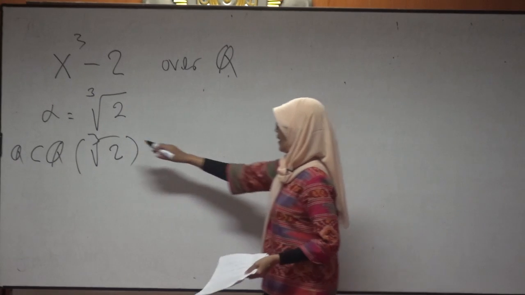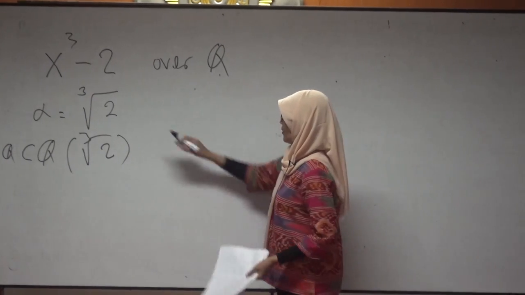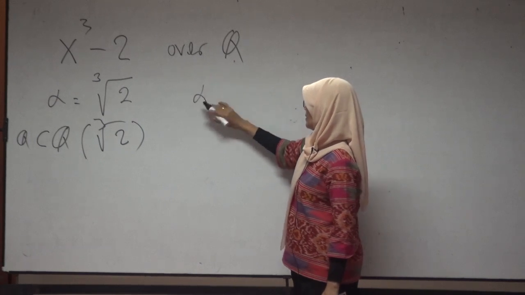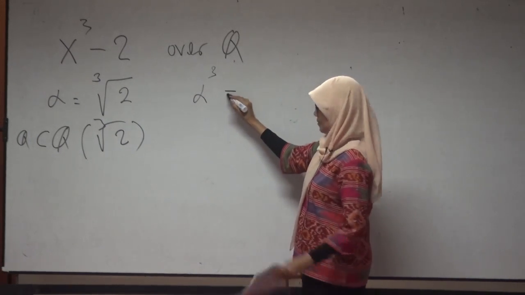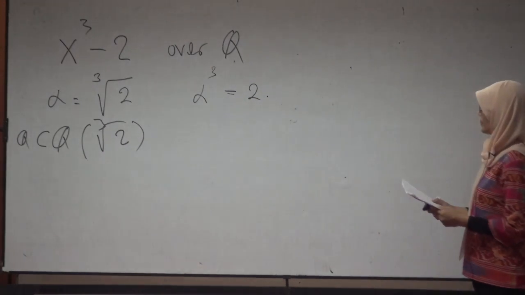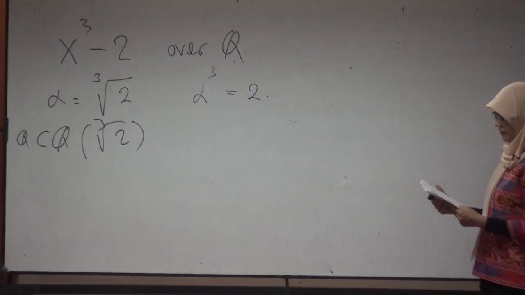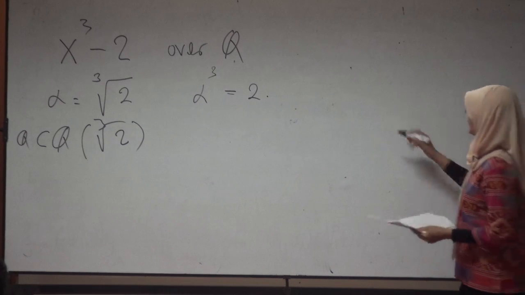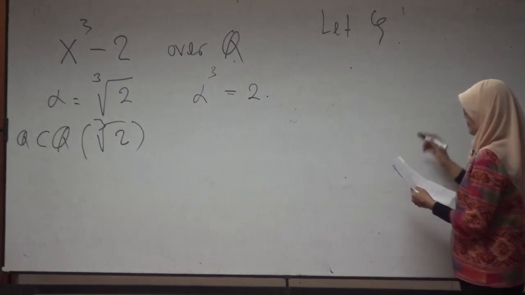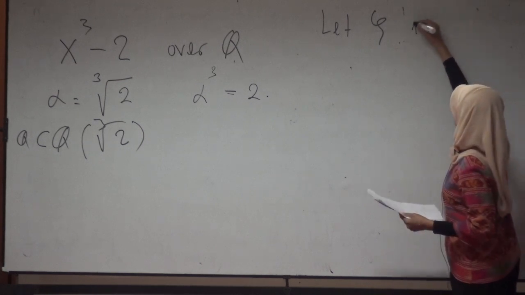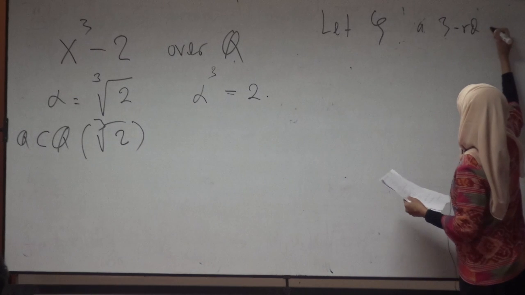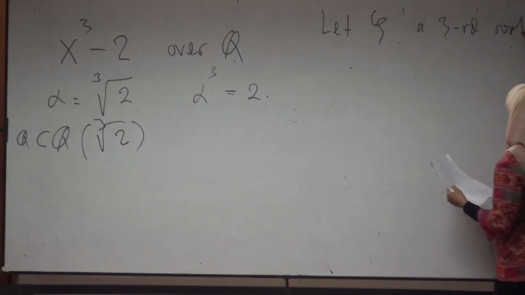Okay, let alpha be this one. Because it is a root of this polynomial, it means alpha power 3 is equal to 2. And let zeta be the third root of unity.